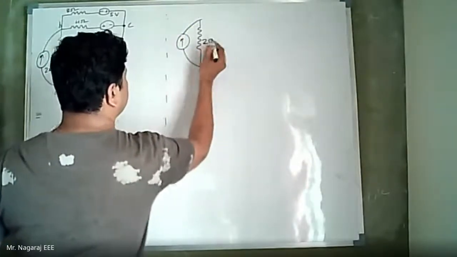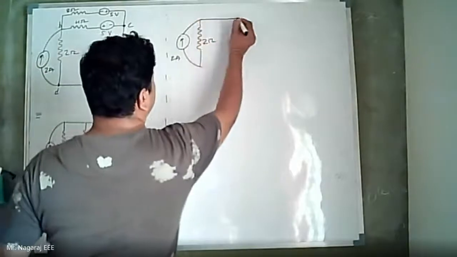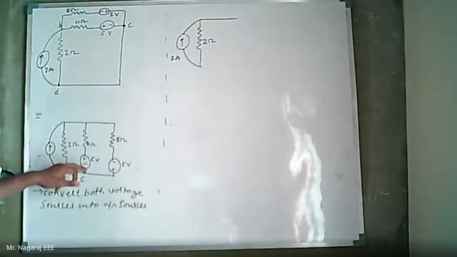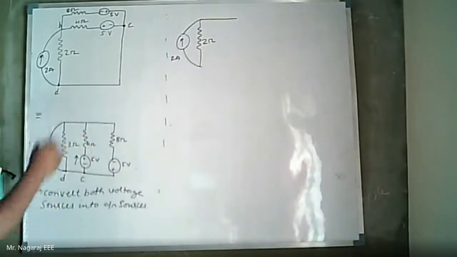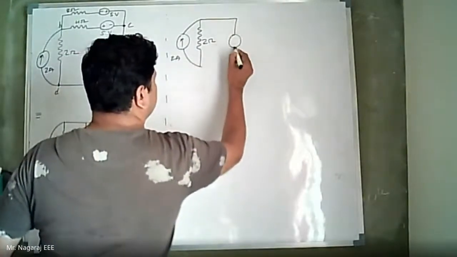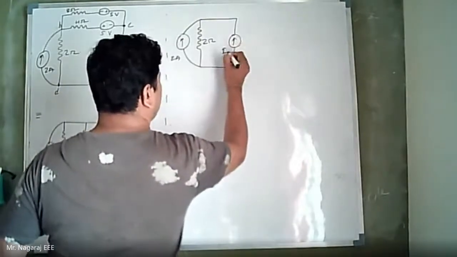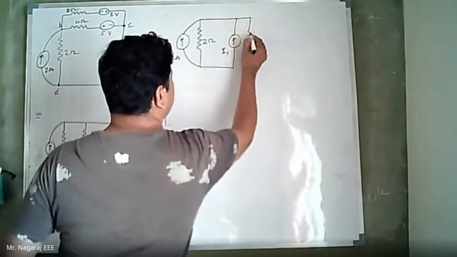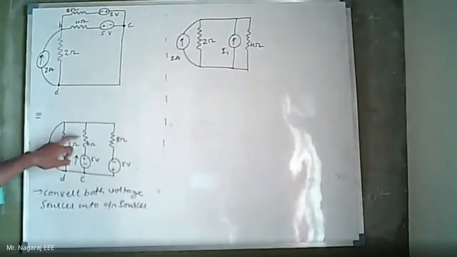Now this is 2 ohm, originally 2 ohm, and this is 2 amperes. Now 5 volt 4 ohm will yield us one current source. The direction of the 5 volt is upward, so the current source transformed from this 5 volt 4 ohms will be upward. Let this be I1, in parallel with this 4 ohm.